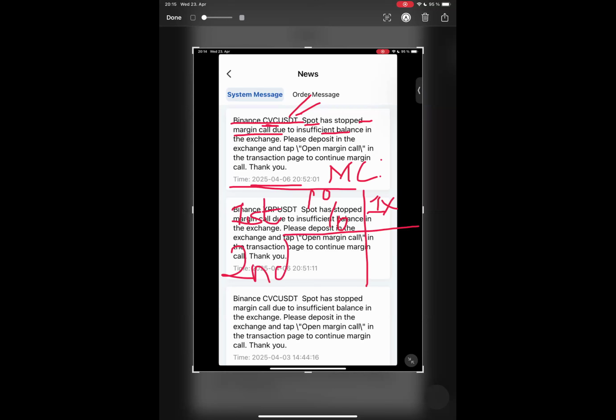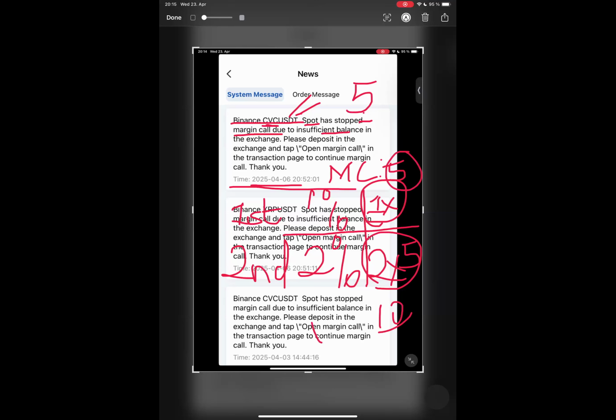The second call, if it drops by 2%, buy two times of my first buying amount. Let's assume your first buying amount is 5. So 5 times 1 gives you 5. Then 2 times 5 gives you 10. So 10 plus this 5 is 15, plus your original one that it bought initially, making 20.